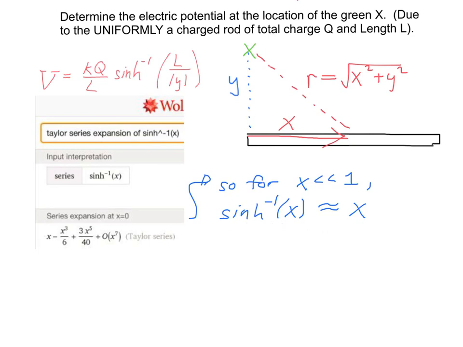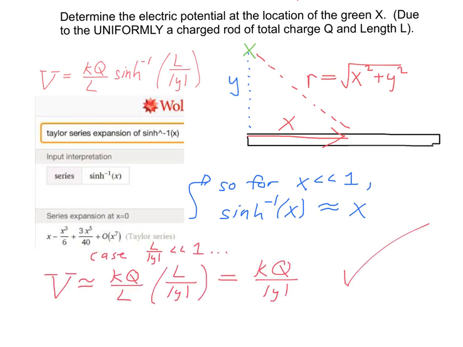So we can rewrite our electric potential function as a function of y as follows. Plugging in the argument of the function for the function itself is warranted by this approximation in the case where L over the absolute value of y is really, really small, much less than 1.